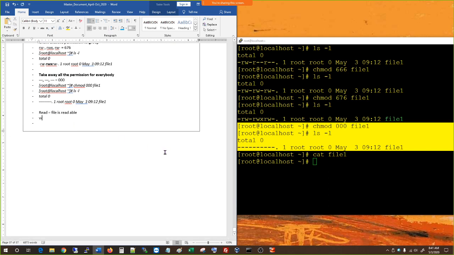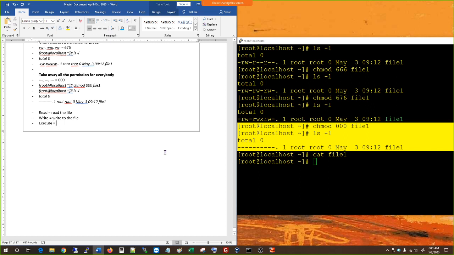And write equals you are able to write to the file. And execute is, yeah, go ahead.